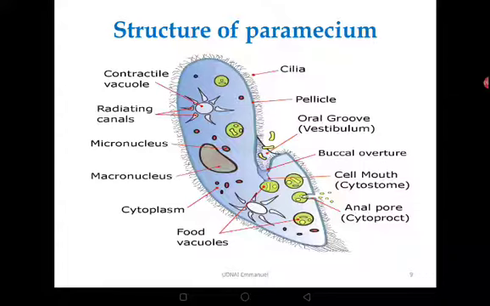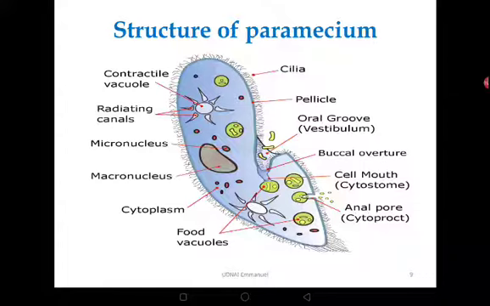Then we have the cytoplasm, where most of the cell's activities take place from. Then the food vacuoles there, where digestion of the food takes place. Enzymes are secreted and the digestion takes place. The anal pore there for removal of some wastes.